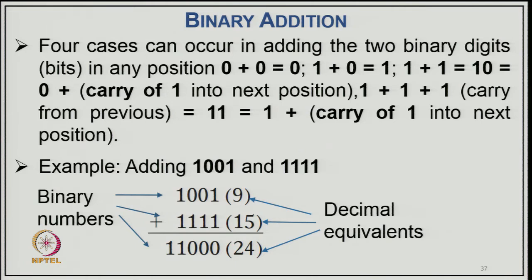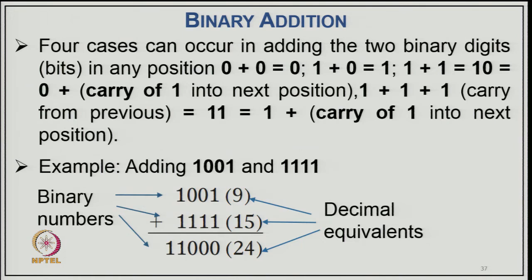A typical example: adding two numbers, 1001, which is decimal 9, and 1111, which is decimal 15. If we add both, 1 plus 1 gives 0 with a carry of 1. That carry is added with the next digits and it again becomes 0 with a carry, and again a carry plus 1 gives 0 with a carry, and finally we have 1 carry and 1 1.